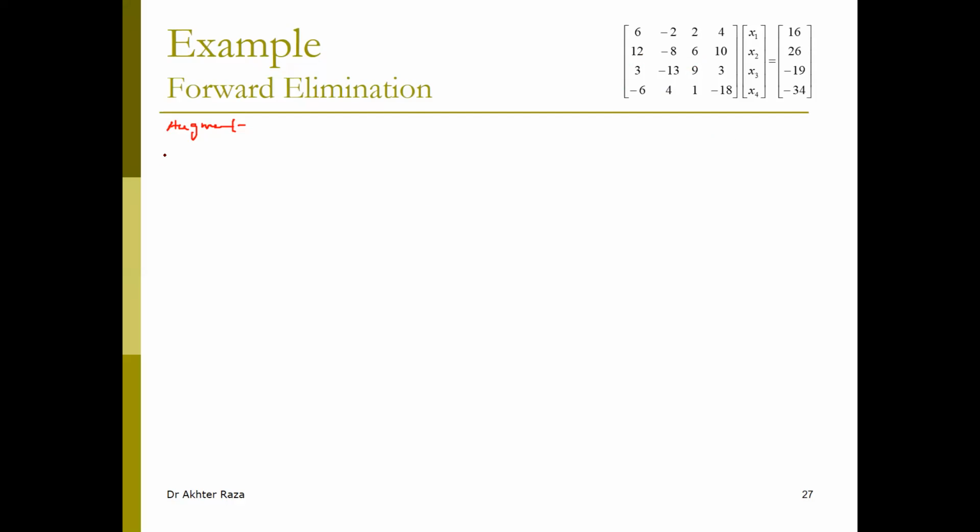So in the augmented matrix we have 6, 12, 3, -6, -2, -8, -13, 4, 2, 6, 9, 1, 4, 10, 3, -18, and we have a vertical line here, and B is to be written down: 16, 26, -19, -34.